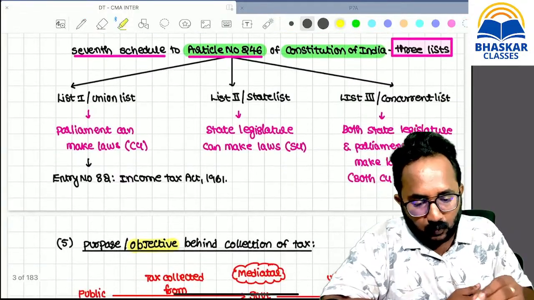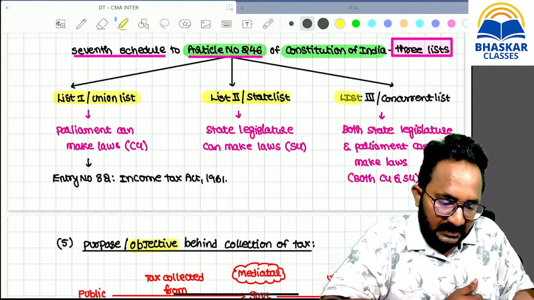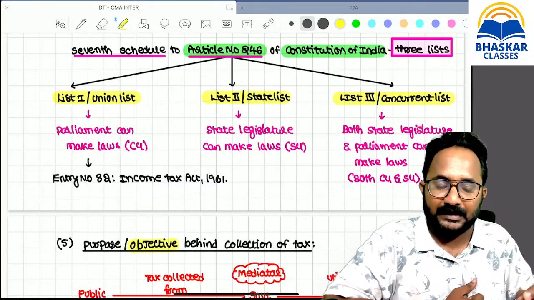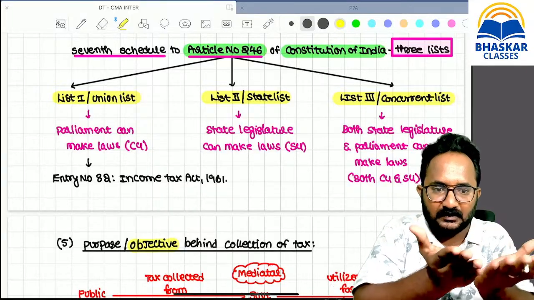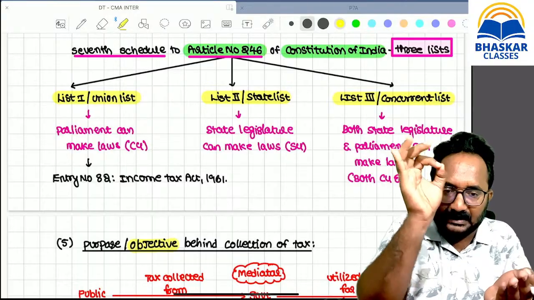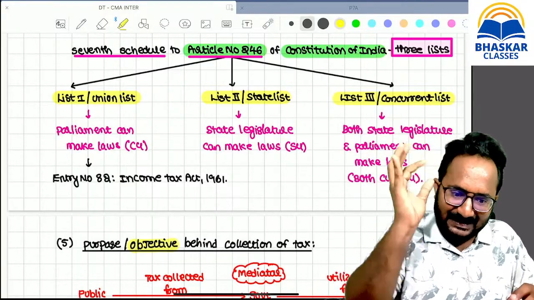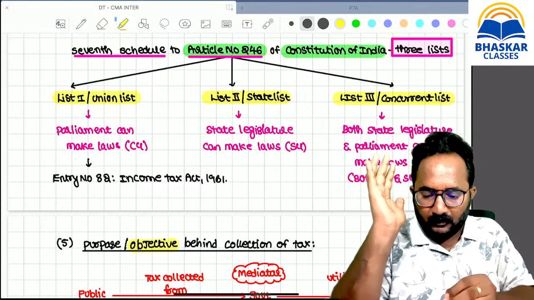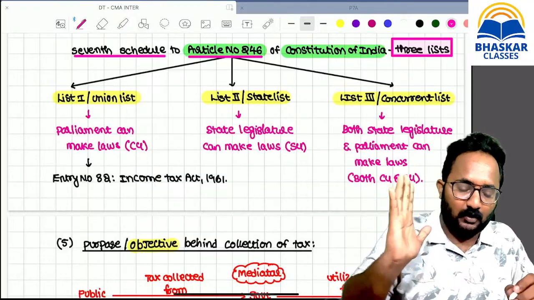List 1 or union list, list 2 or state list, and list 3, which we call the concurrent list. Practically also, if you open the Constitution of India at article 246, the seventh schedule contains the three lists: list 1, list 2, list 3.